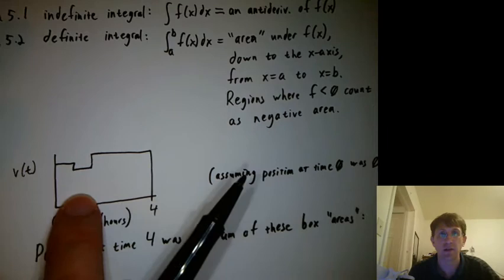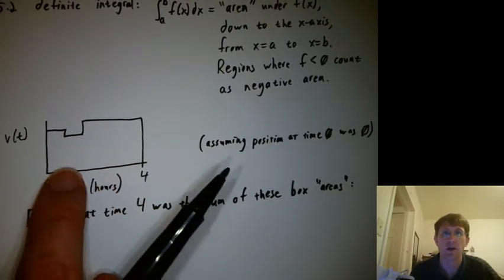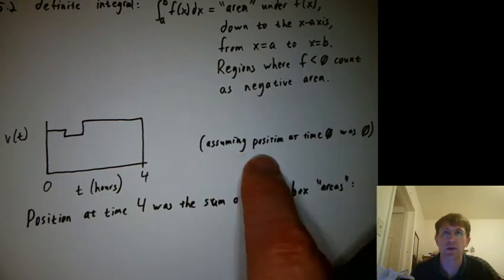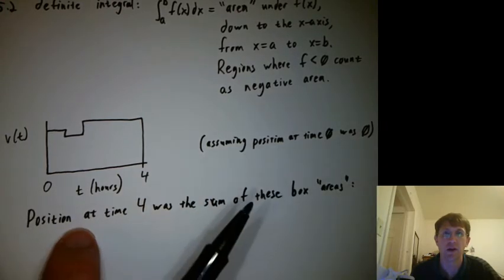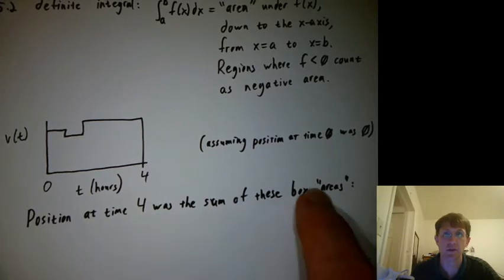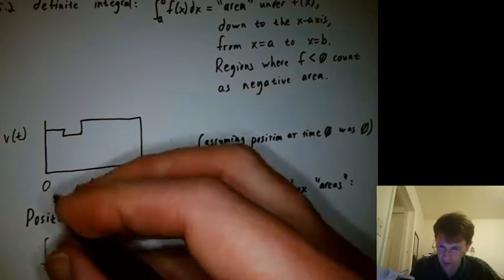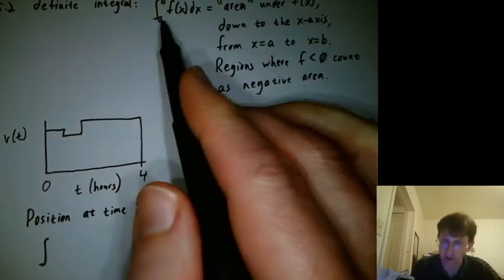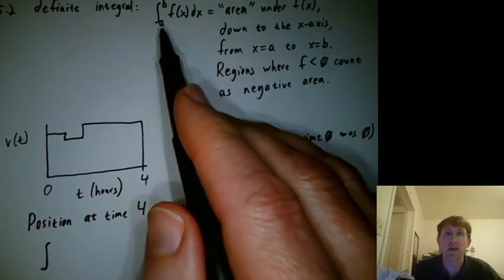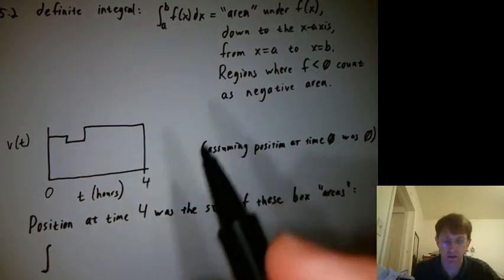So let's go back to our driving time and speed problem. Assuming that the position at time 0 is 0, how can we write the position at time 4? We said that was the sum of those box areas. And now we're going to write that, since we have this new notation that says the integral from a to b of f of x is the area under the curve, which is the sum of those box areas.